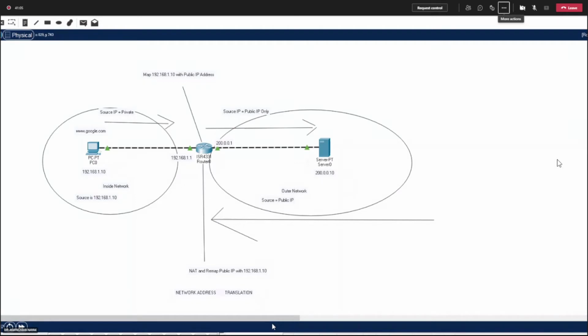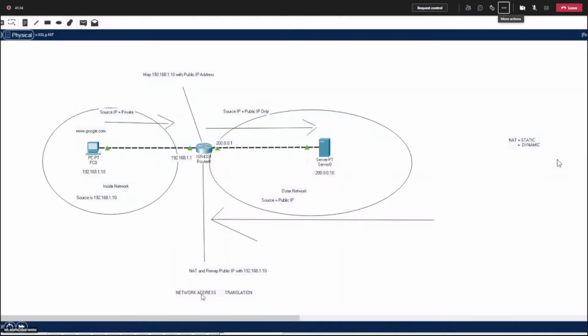NAT has two types. NAT can be static or NAT can be dynamic. We can configure NAT by following the static approach or the dynamic approach.